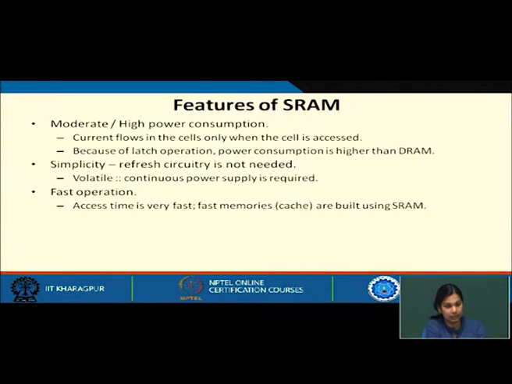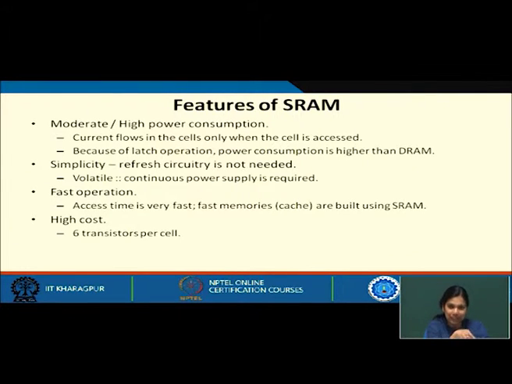It is much faster, so access time is very fast. The fast memories like cache are built using these kinds of cells, but the cost is high. Why? Here we require 6 transistors to build 1 bit.